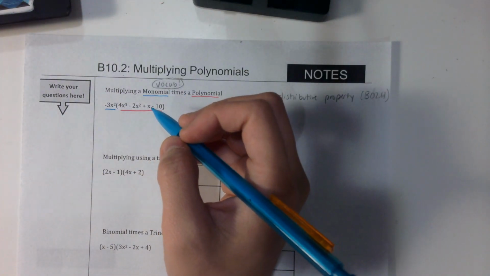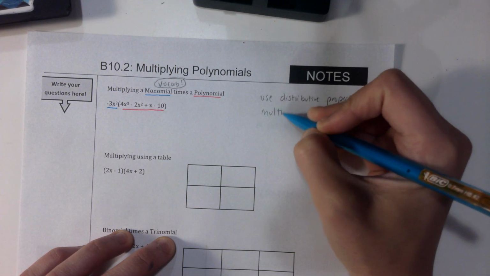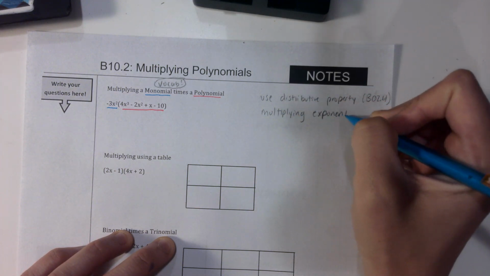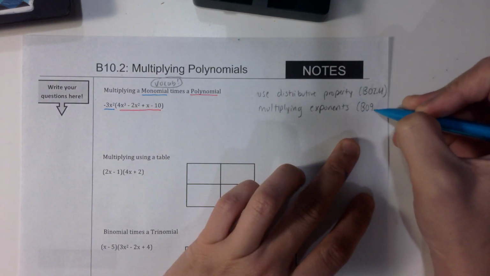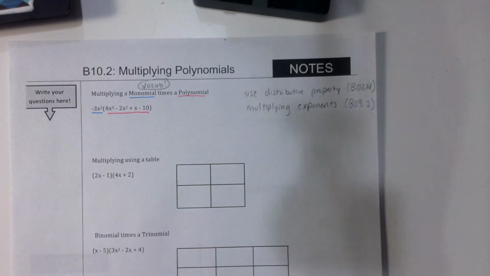And then you also used multiplying exponents, and that was B09.2. So whenever you forget some of these things, you've learned them before, you can go back and take a look at the video again.